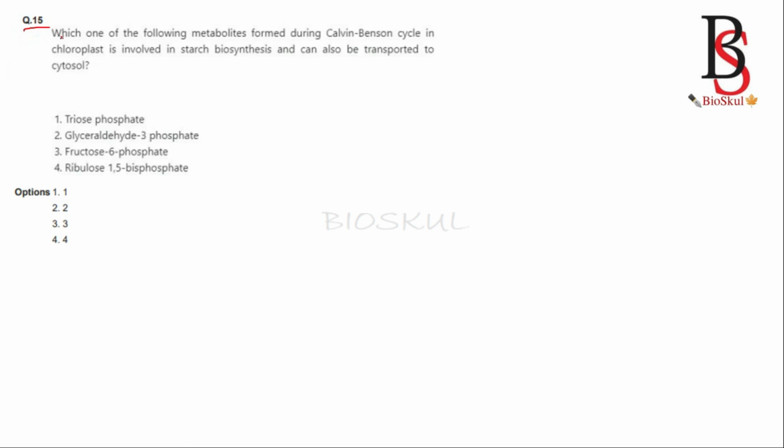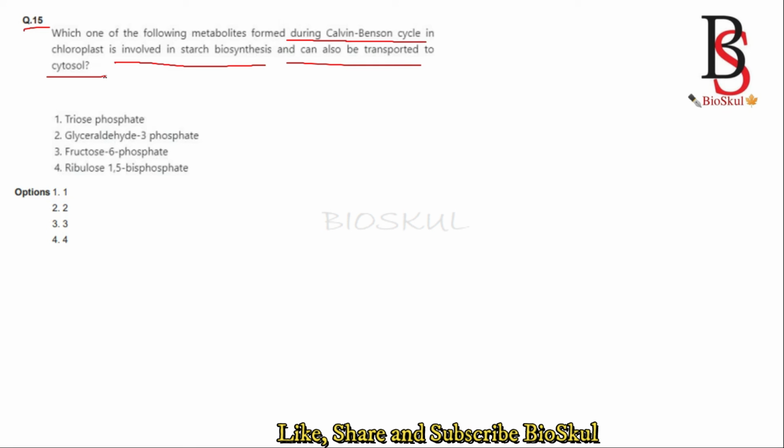Question number 15. Which one of the following metabolites formed during the Calvin-Benson cycle in chloroplast is involved in starch biosynthesis and can also be transported to cytosol? In the Calvin-Benson cycle, glyceraldehyde 3-phosphate is produced, which is used for the synthesis of starch or sugar molecules.